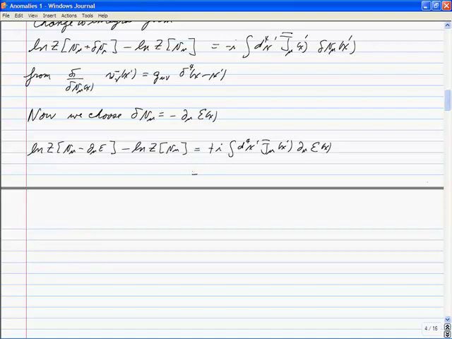Seeing something like that, you always integrate by parts, and it becomes minus I integral d4x d mu j bar mu of x times epsilon of x. Okay. So all of this reduces down to our test of symmetry.